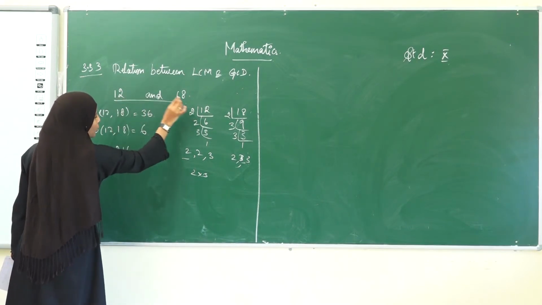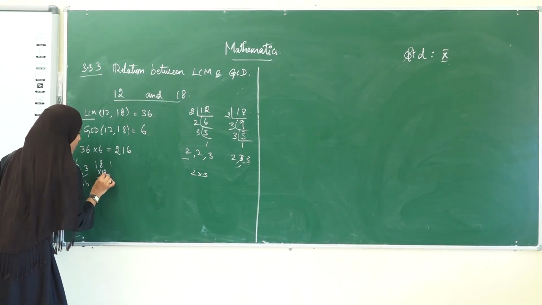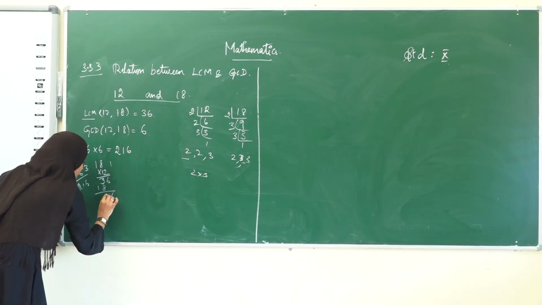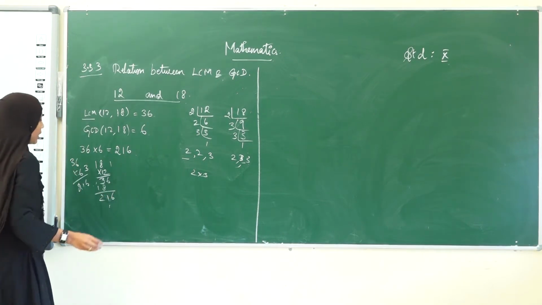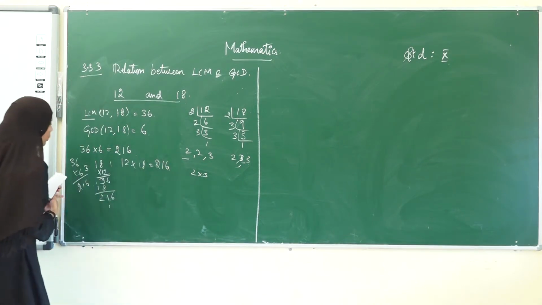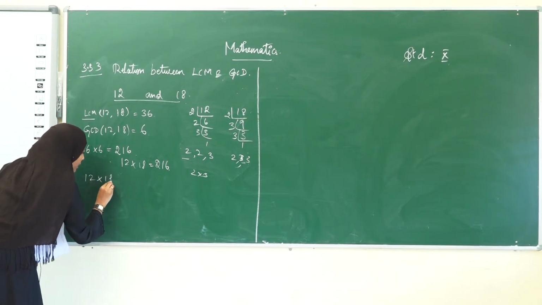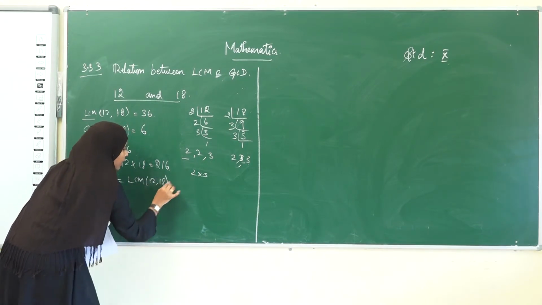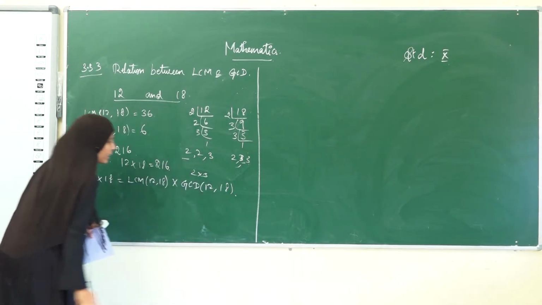When we multiply the two given integers, 12 into 18, that is also 216, right? So 12 into 18 is equal to LCM of 12 comma 18 into GCD of 12 comma 18. Right, that's the answer we got.